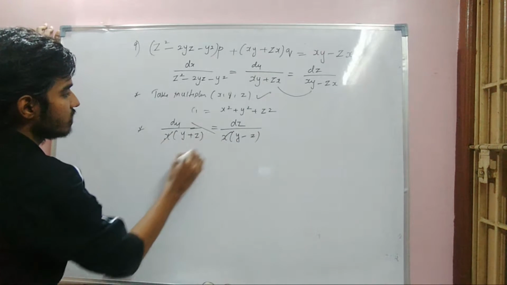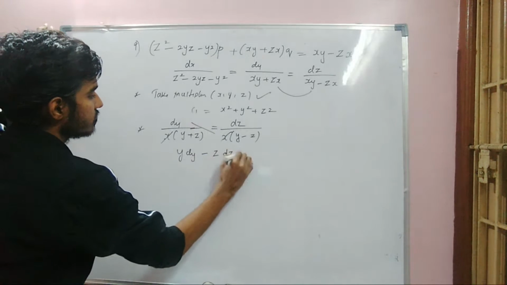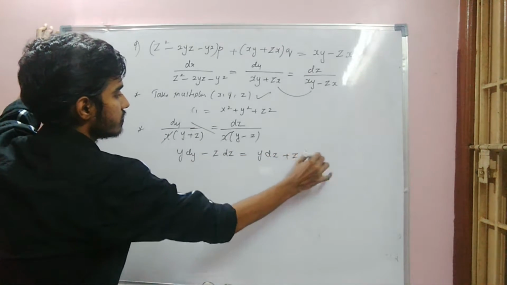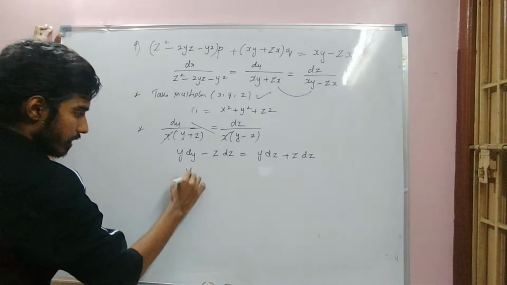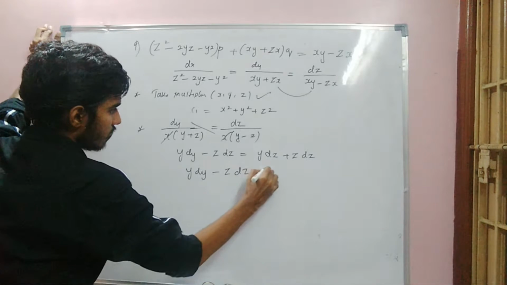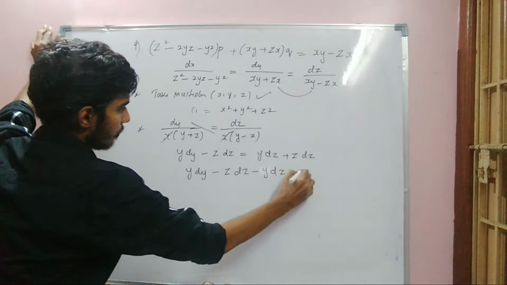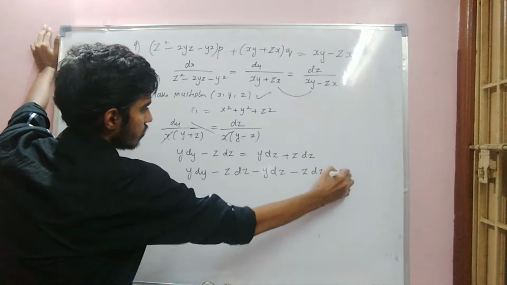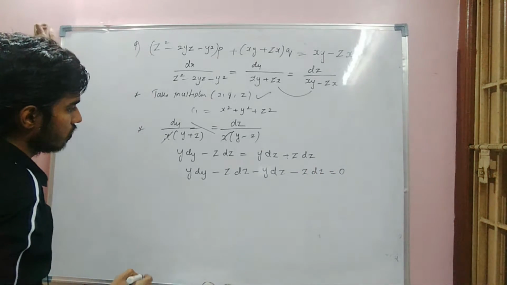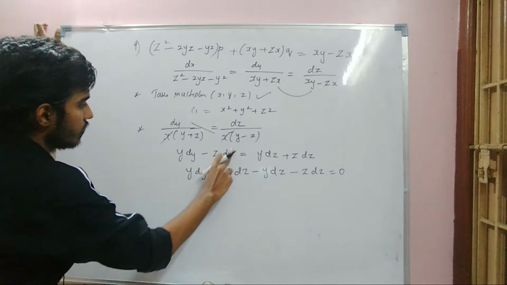So if I cross multiply this, we will have y dy minus z dy is equal to y dz plus z dz. So I can write this as y dy minus z dy minus y dz minus z dz equal to 0.